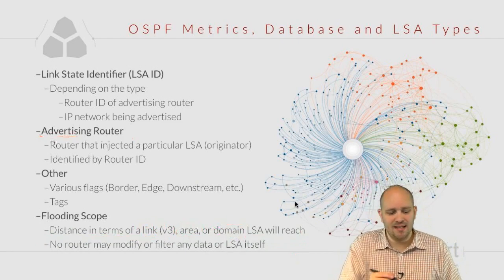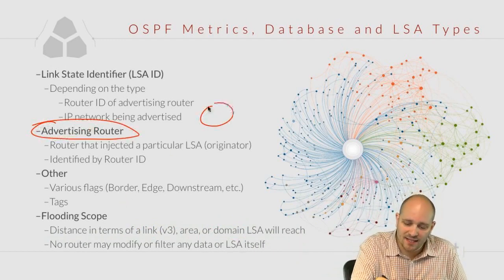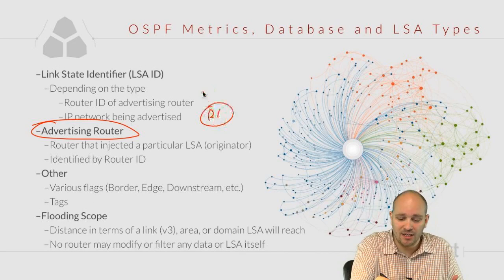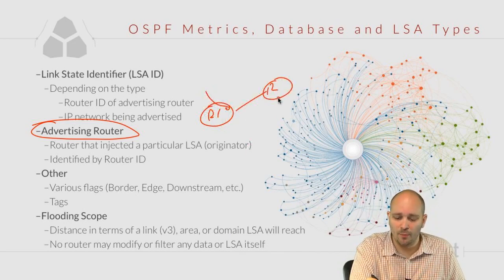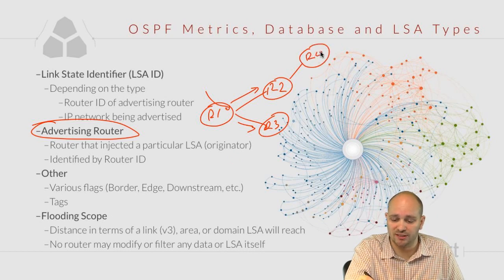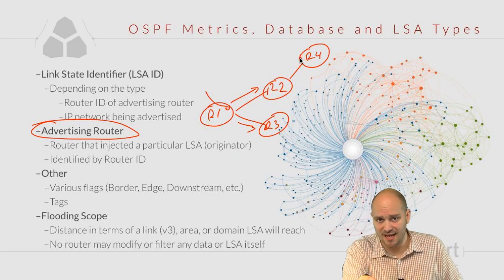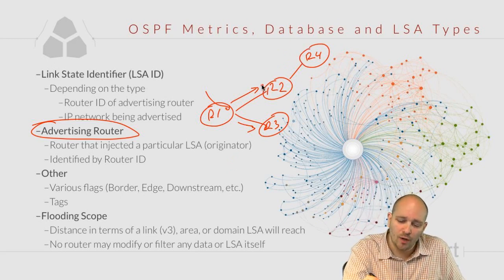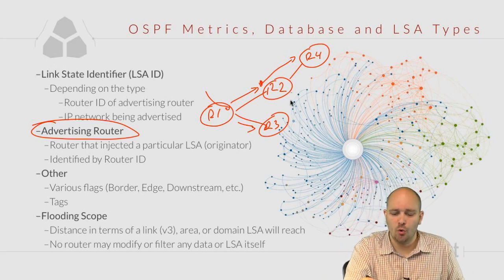Now, let me say that in plain English. When the LSA is generated by the advertising router, let's say that we have our R1 that injects some LSA into the database. This information will be communicated to other routers, so, for example, R2 and R3 in this case. But let's say that R2 here is connected to some router R4. If R2 and R4 are in the same area, R2 will have to forward this information as is to R4.